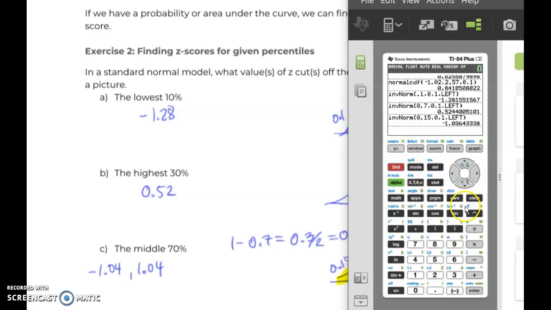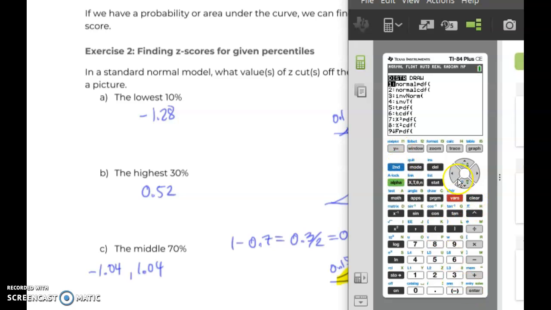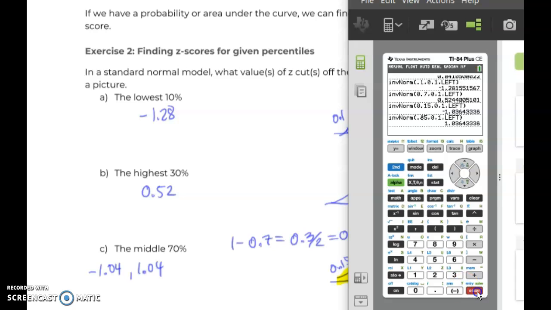If we're finding the inverse norm with an area of 0.85, this would be the upper value, again with an area to the left, and we already know those are symmetric. We're going to end up with the positive value at 1.04.